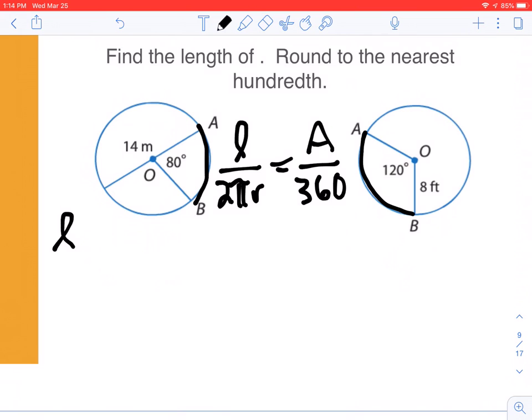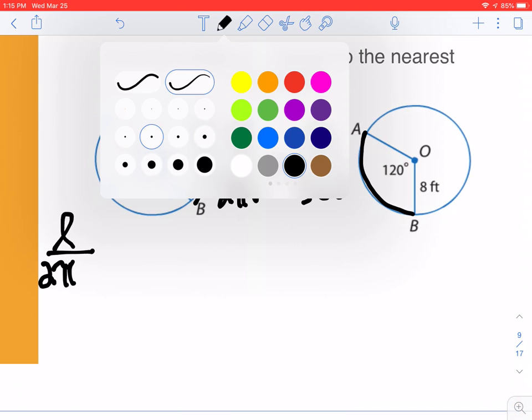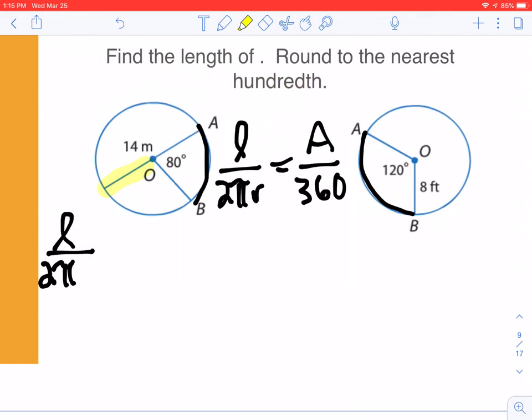So I don't know the length. 2 pi, and this is where it gets tricky. What's the radius? Well, the diameter is 14. So the radius is half of that. So the radius is 7. So 2 pi times 7 equals the angle 80 over 360.